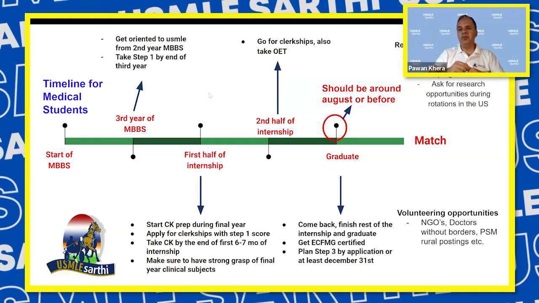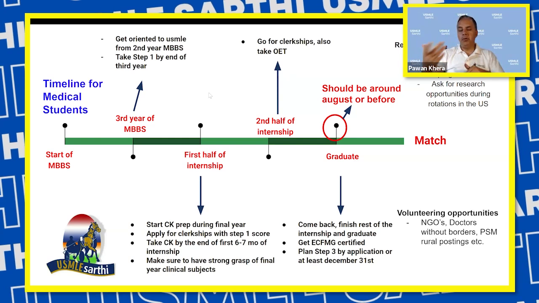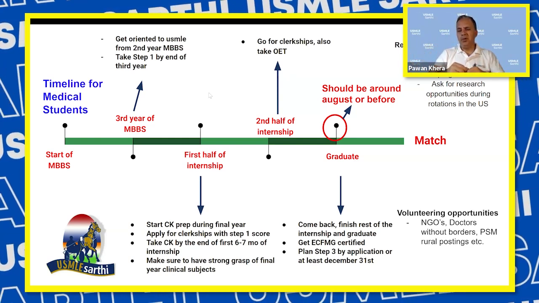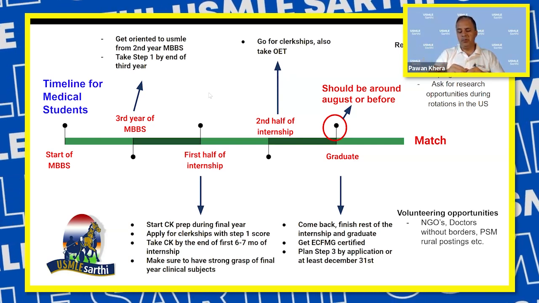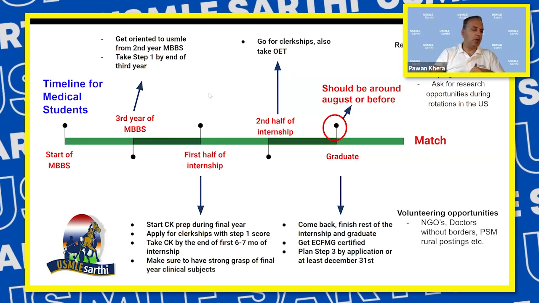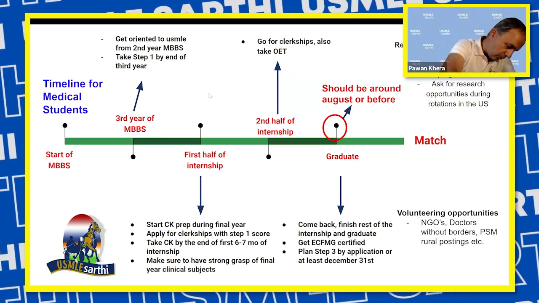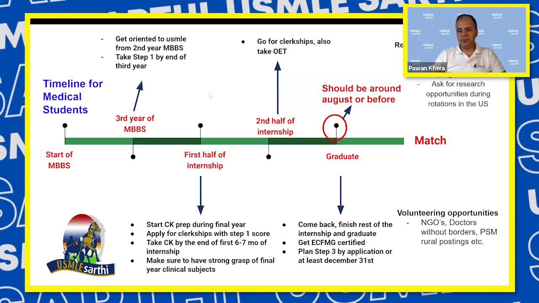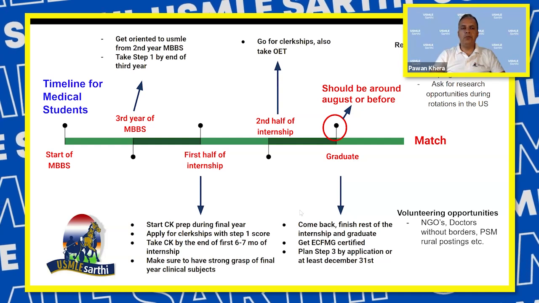Research opportunities, we will talk about what you can do when you are in your college or home country and all that. Volunteering opportunities, like I said, big in the US. So whether it is your PSM posting, working for NGOs, etc., all of that is important. Now, this is if you're a medical student.